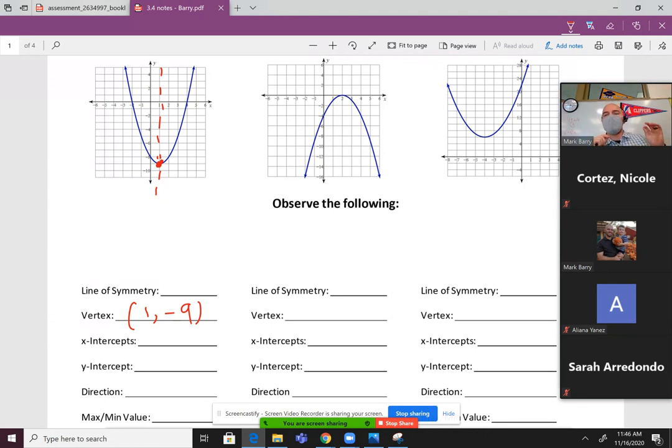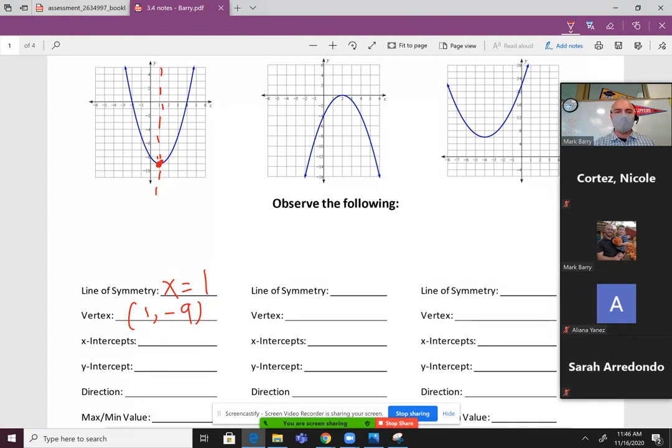The line of symmetry is always written as x equals a number, and that number is always the x value of the vertex. That's why I like to do the vertex first: once I have the vertex, I can see where the line of symmetry is because it goes right through it.